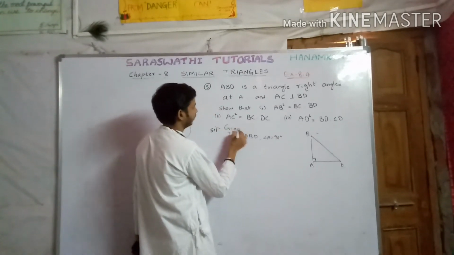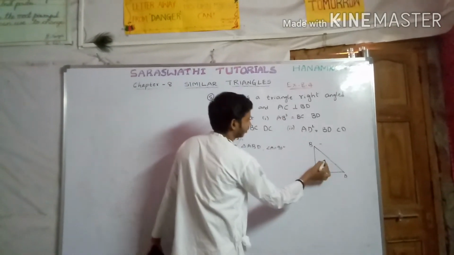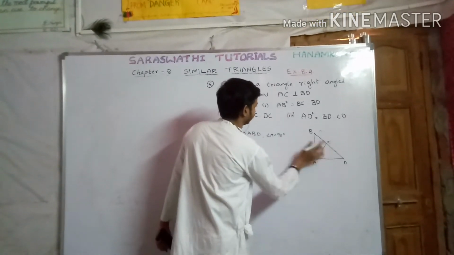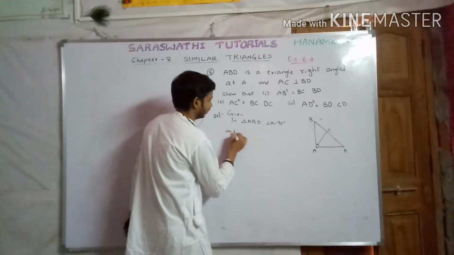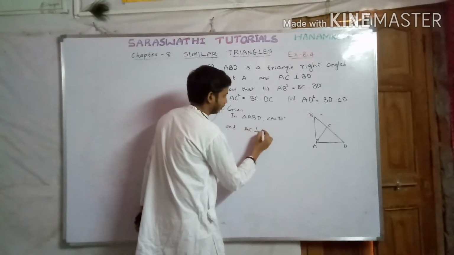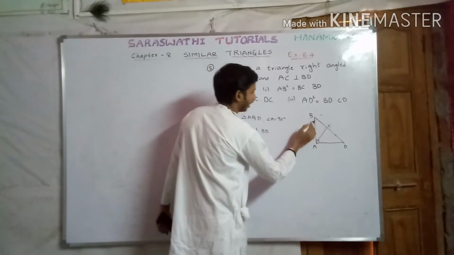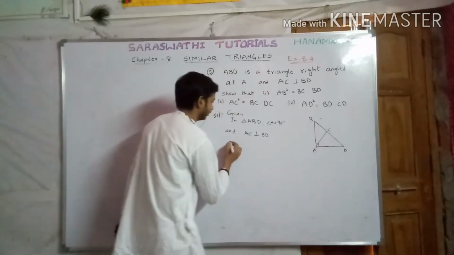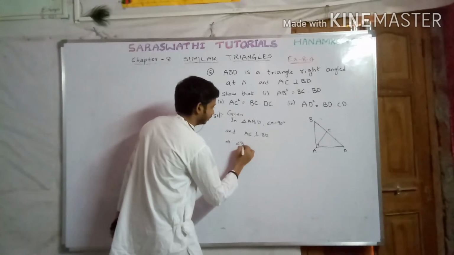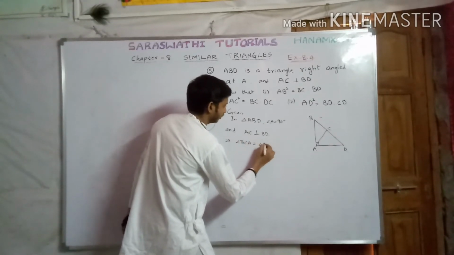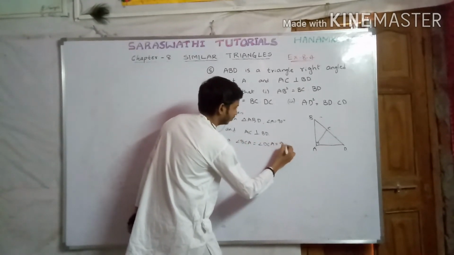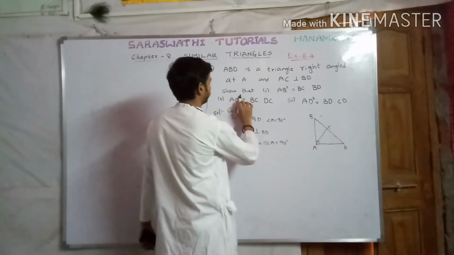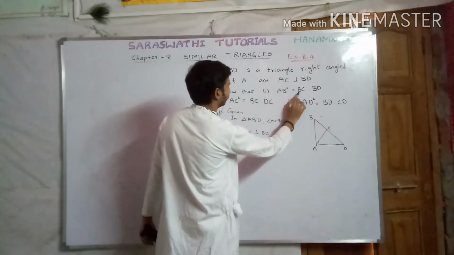This is the given data, and also given that AC is perpendicular to BD. That means angle BCA equal to angle DCA equal to 90 degrees. Okay, so the first step is we have to show that AB square equal to BC into BD.